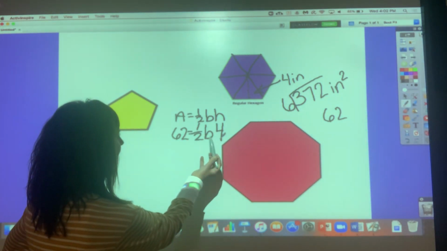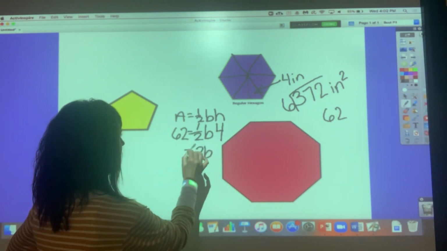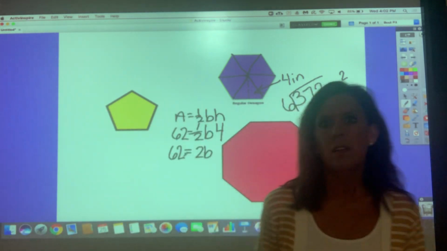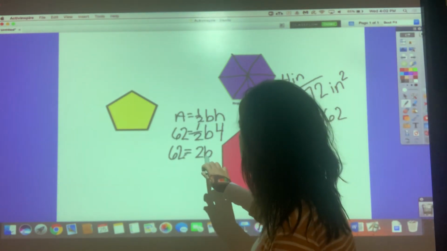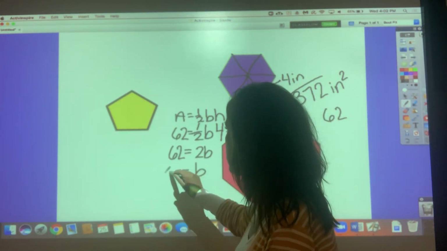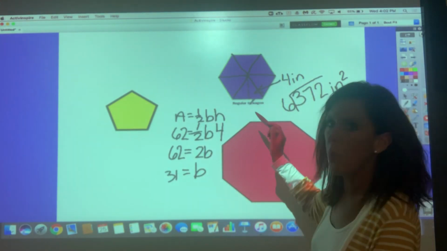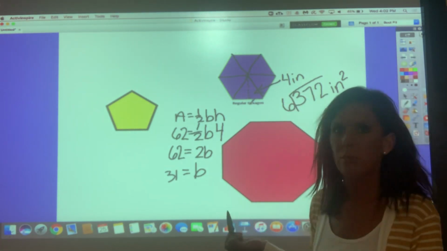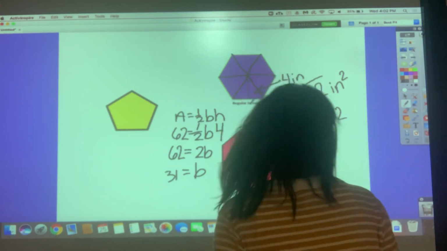We can do half of 4, which is 2. So we're going to have 2b on this side, and 62 on this side. Again, we have an equation, and if we're multiplying by 2 here, we take it over to the other side and divide, and so we get b equals 31. So the missing base is 31, which is the same thing as the sides of this hexagon. They're all 31 inches.